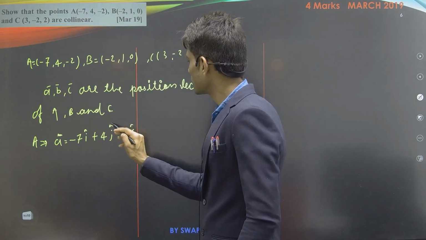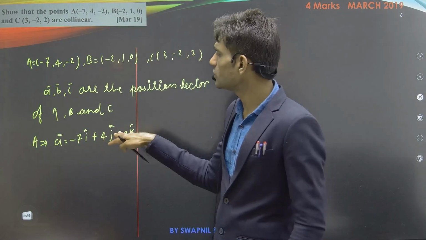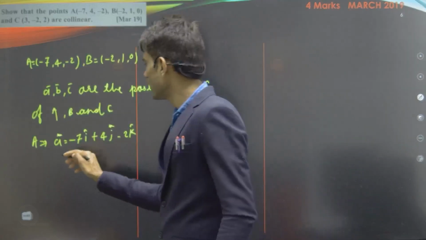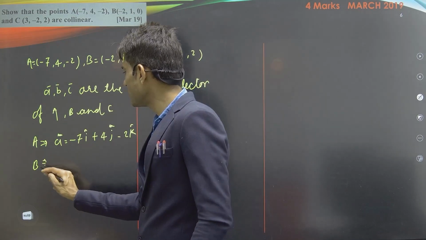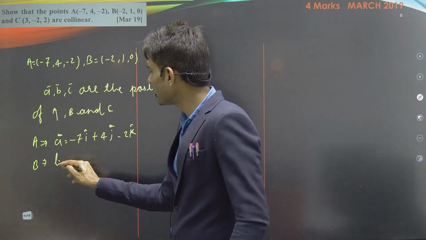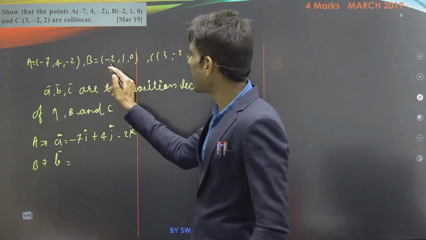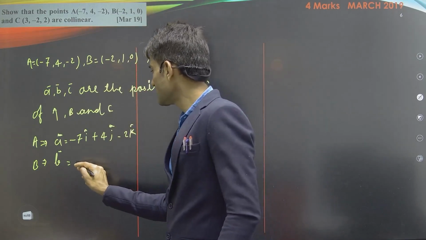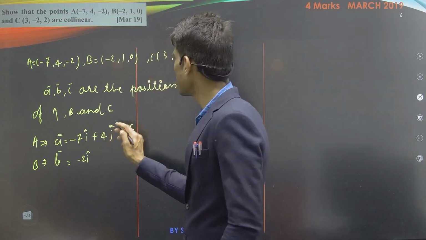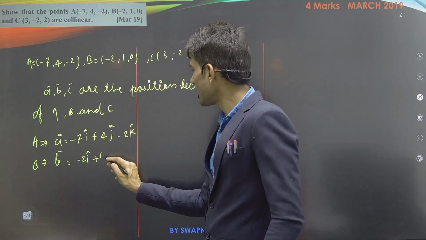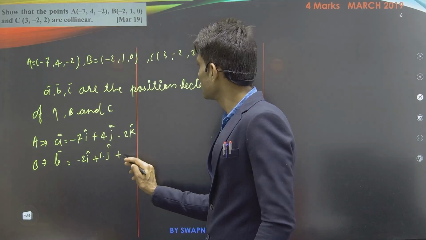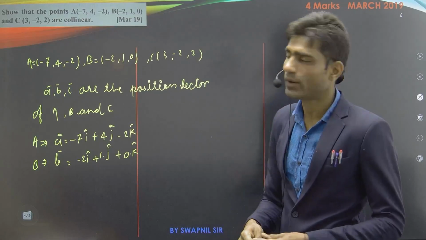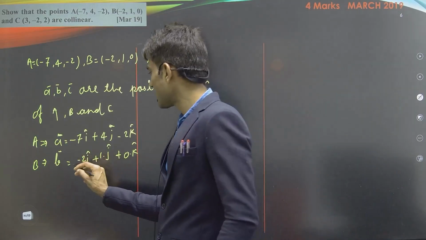What I have done basically here is introduce i, j, k cap in our point A. Similarly, for point B we write the position vector b bar, which is equal to -2 times i cap plus 1 times j cap plus 0 times k cap. As we have to complete i, j, k cap, we write 0 times k cap here.